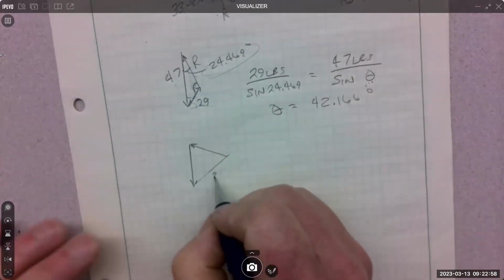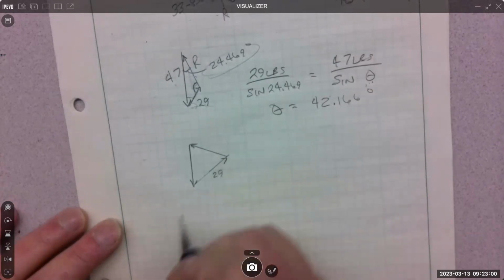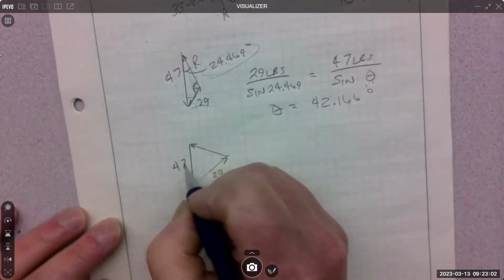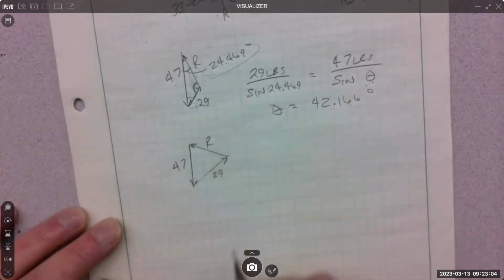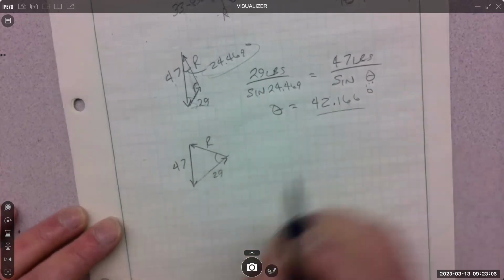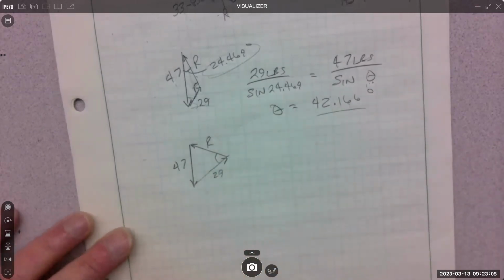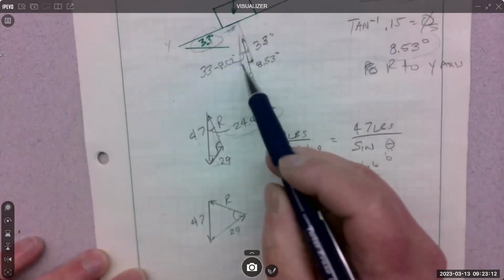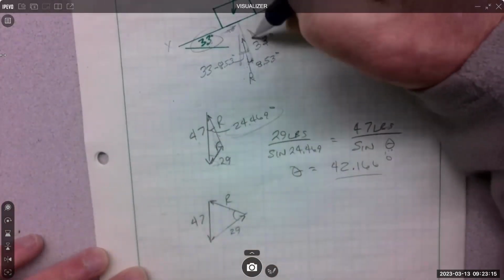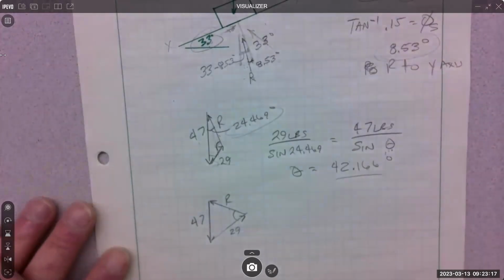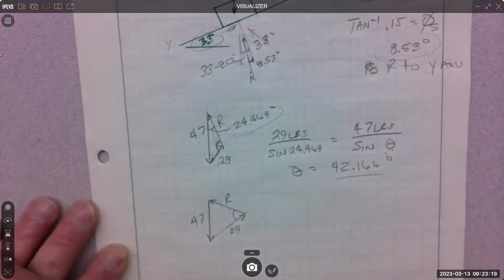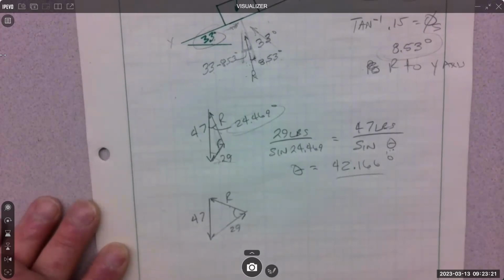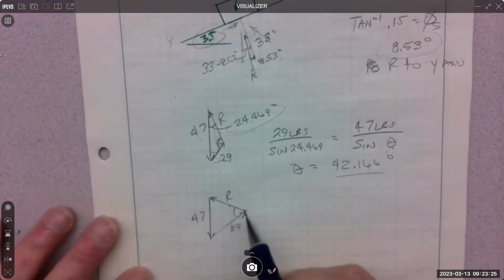Right? So there's the 29. Here's the 47. Here's R. And here is a more appropriate 42 degrees. So that's telling you that R is not on this side. R is definitely up in here somewhere, because of that big angle.